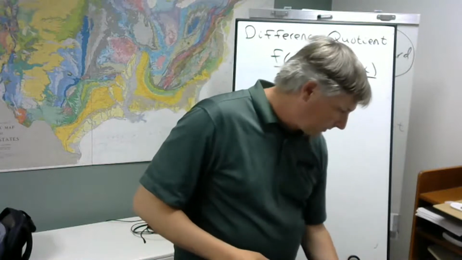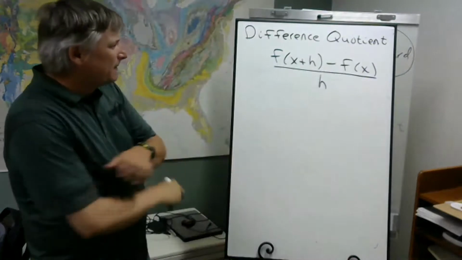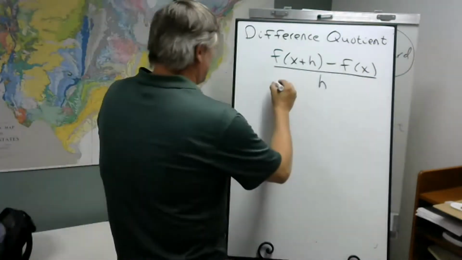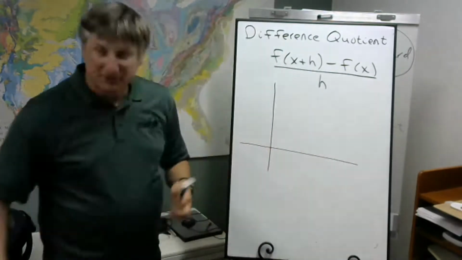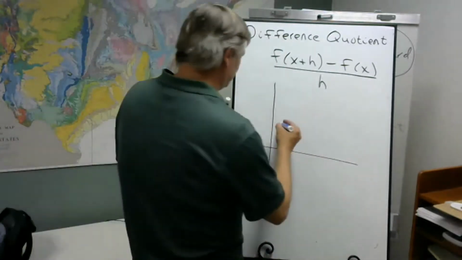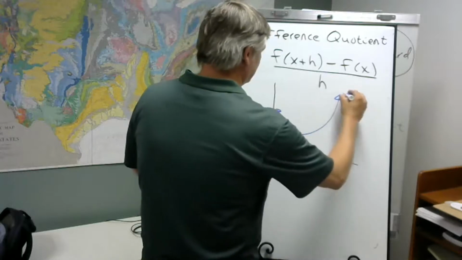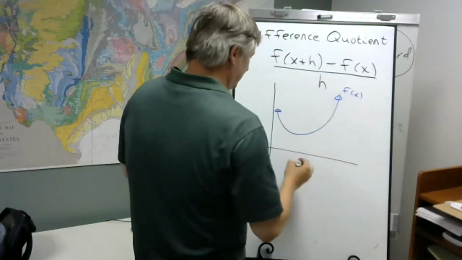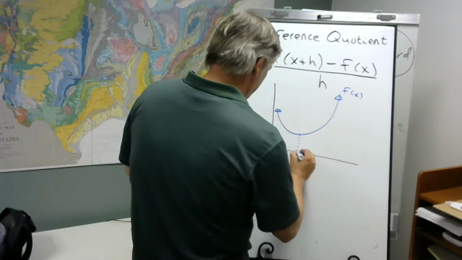The way this works, we'll have to show you how it works, so I'll draw a picture here. Let's say we have our function f. And let's say this is x.